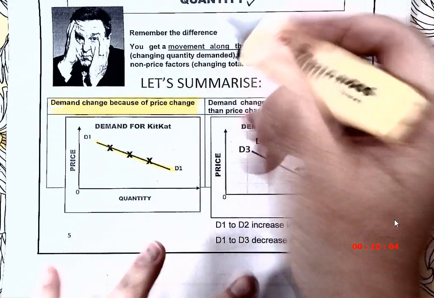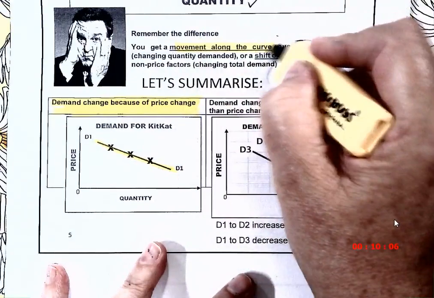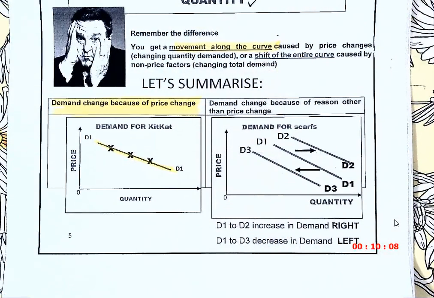We say it's a movement along the curve. That's how they speak economics. It's a movement along the curve if the demand changes because of the price.